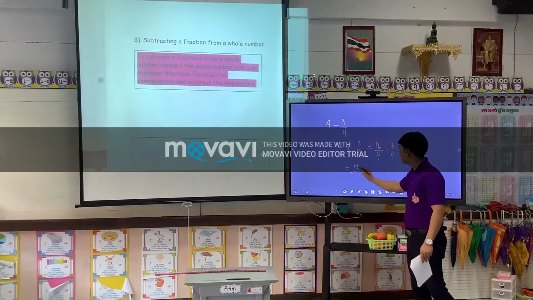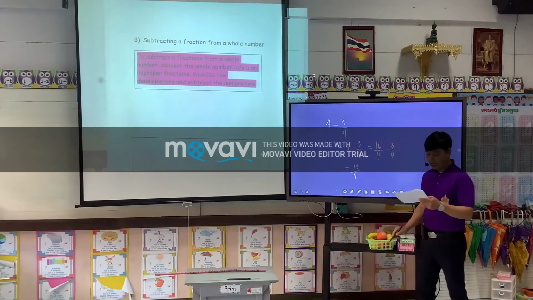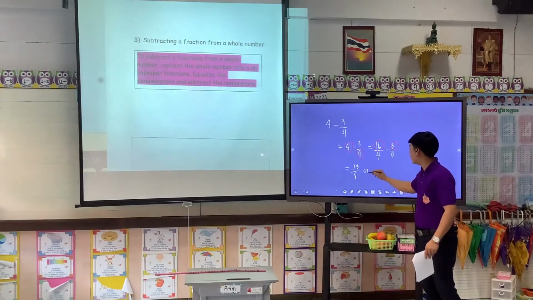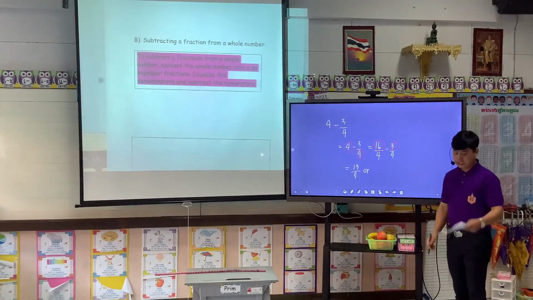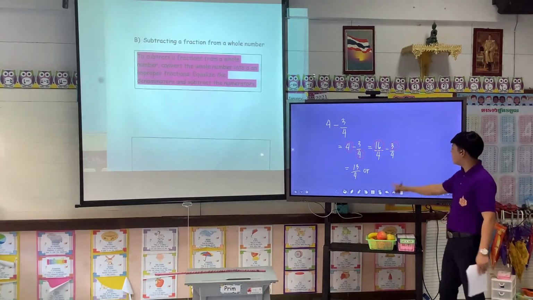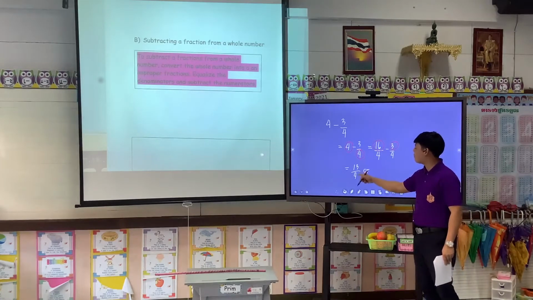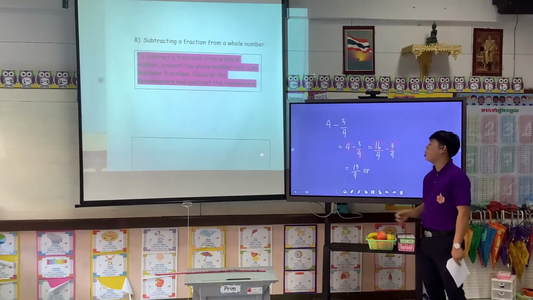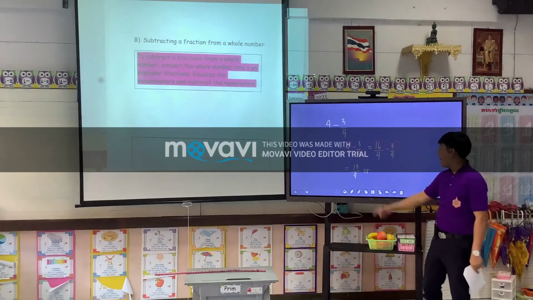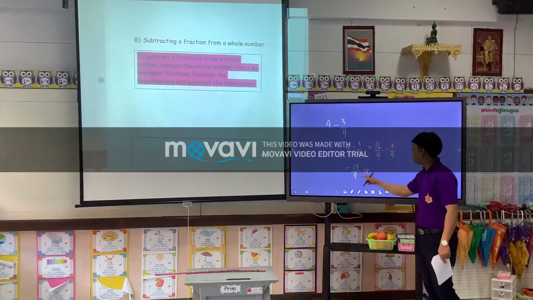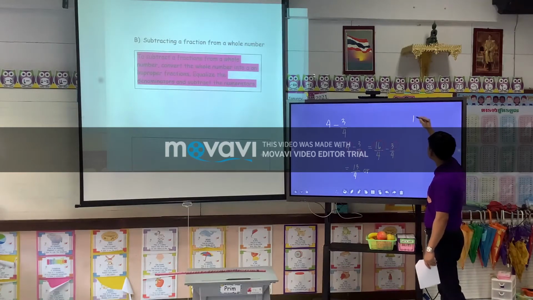Copy the denominator, 4. Since this is an improper fraction, we need to convert it into a mixed fraction. How can we divide this? Example, 13 divided by 4.